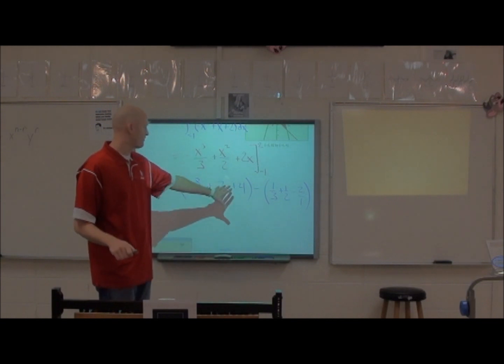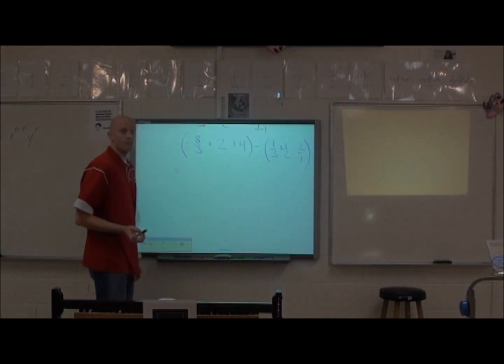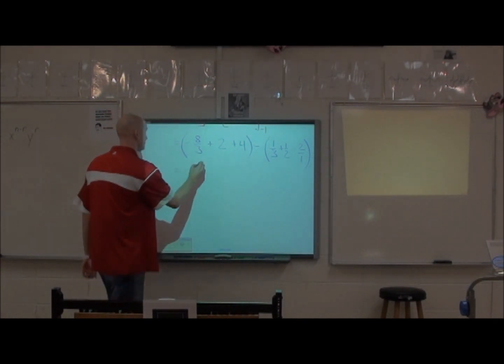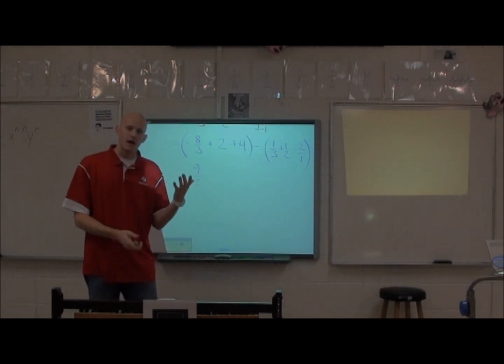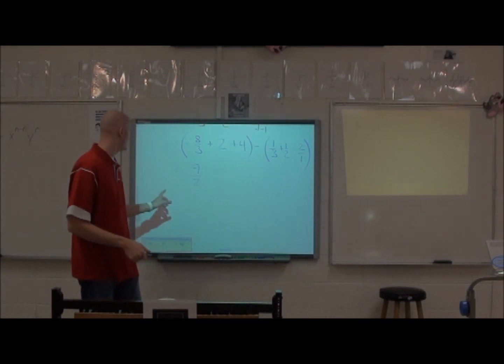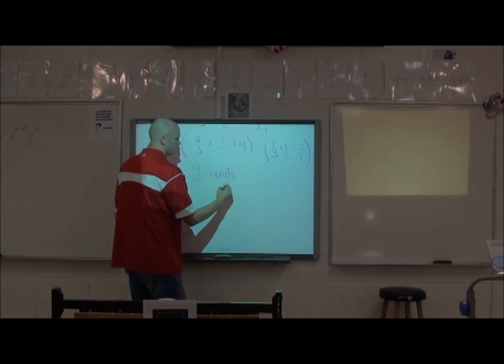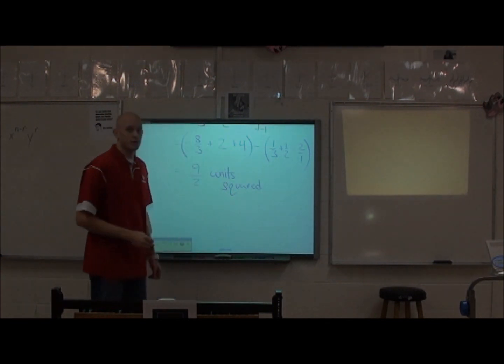And once you simplify those things, you should come up with an answer of 9 over 2. And as we said before, it is an area. Area is always square units. So we have units squared.